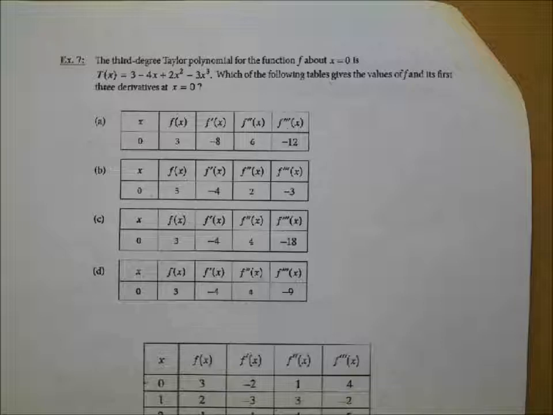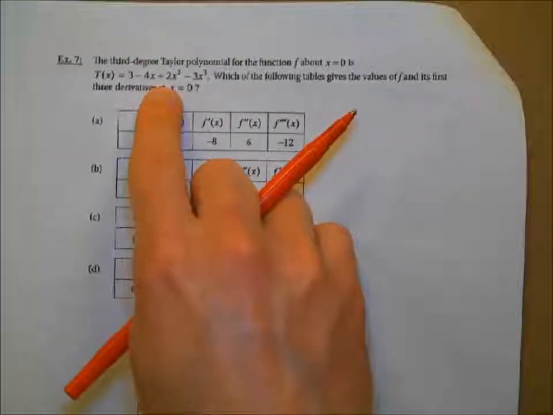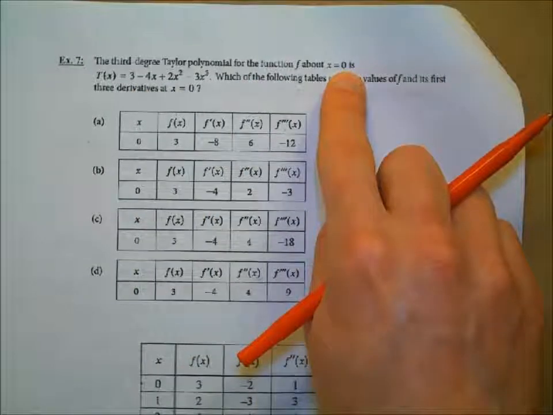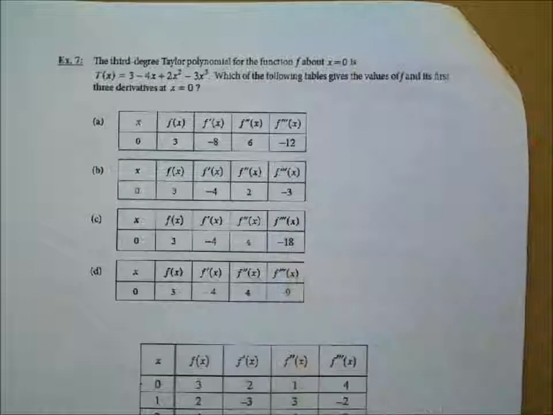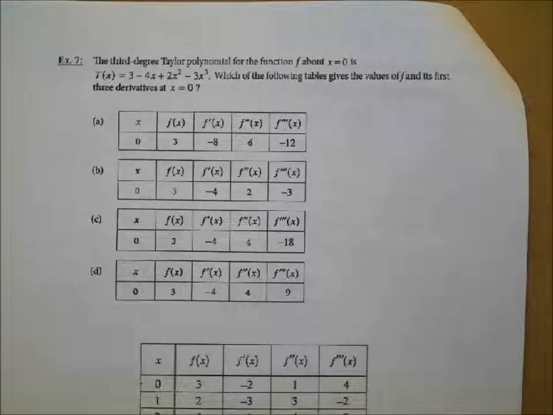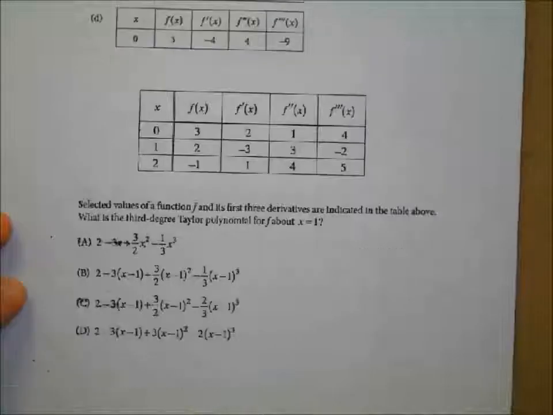One of these 4 tables gives you the values of f and its first 3 derivatives at x equals 0. Now remember, since the Taylor polynomial we are given is centered about 0, think about how it should match up with f and its first 3 derivatives at 0, and use that to help you figure out A, B, C, or D, which one's the right one.